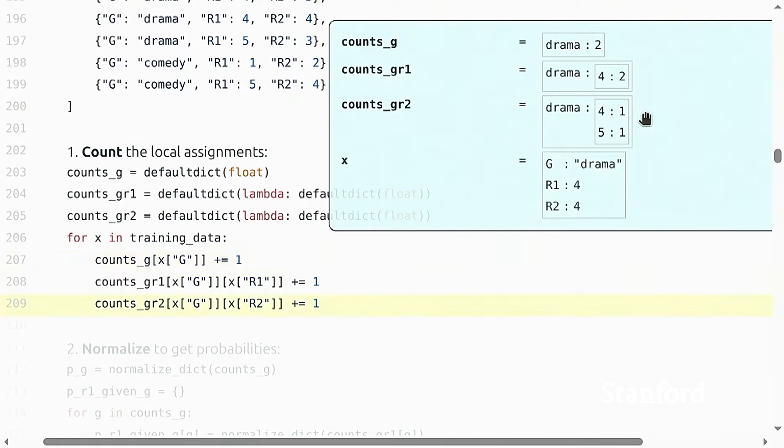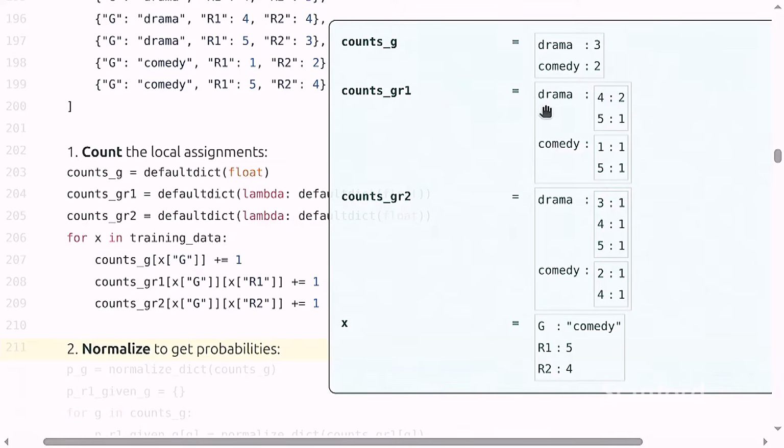And then I go through all of these, I'm going to skip forward, and I get counts for user 1 as well as user 2. And notice that the counts for GR1 only depend on G and R1, right? So they don't depend on the value of R2, and vice versa for counts of GR2. Okay, so now once you have these counts, then you normalize. So I'm going to normalize this distribution, this one, and this one.